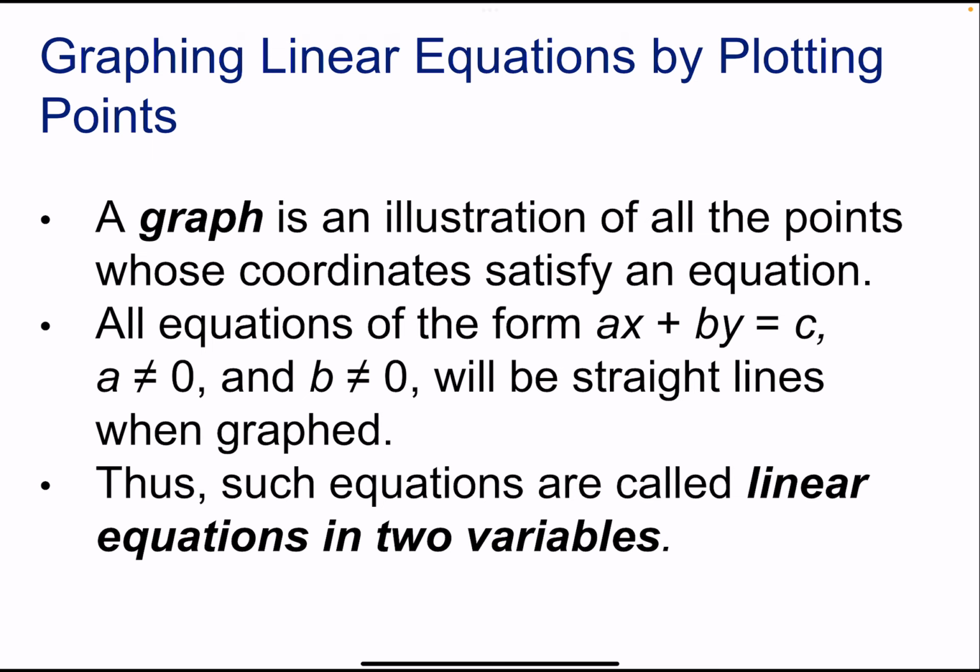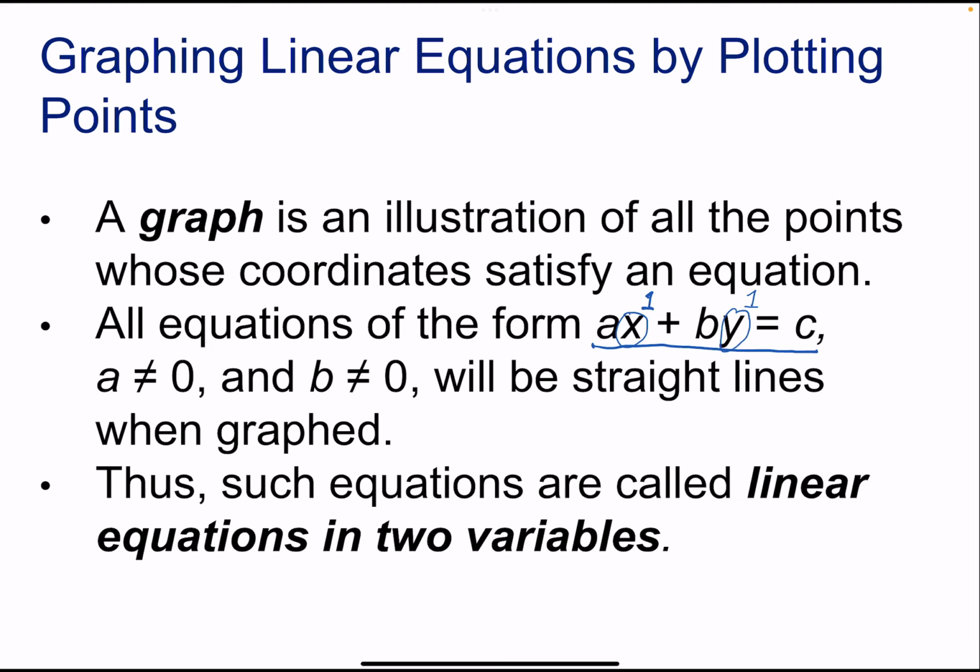Next, we're going to talk about the graph of an equation, and in particular, the so-called linear equation of two variables. Again, if you recall, linear means that the exponent of the variable is 1. So you only see x and y, two variables.